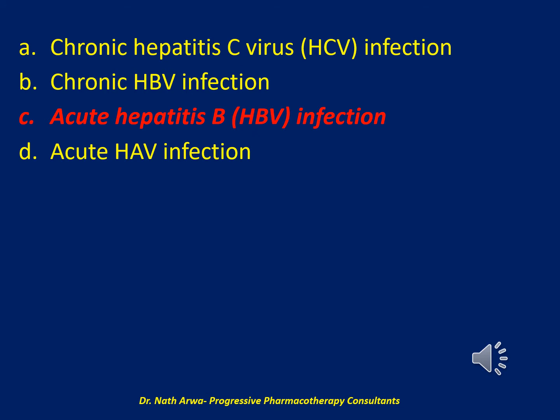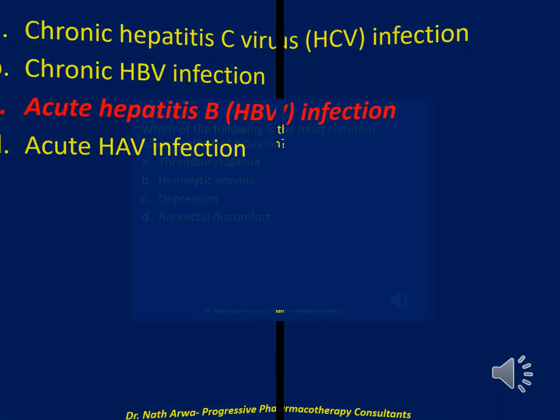That makes answer D incorrect because the anti-HAV test is negative, indicating no acute HAV exposure. The anti-HCV test is negative, indicating this patient has never been exposed to HCV, which makes answer A incorrect. Please advance to the next question.